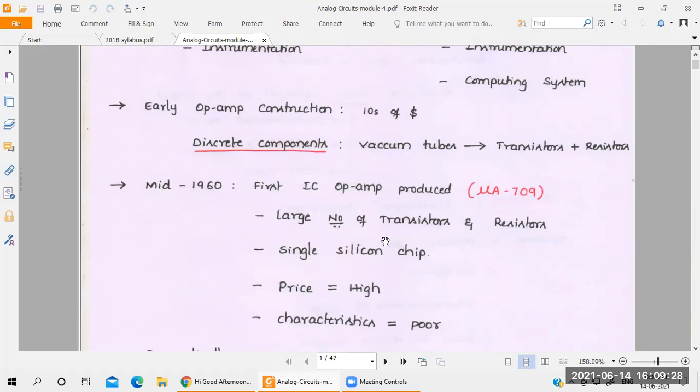In 1960, the invented op-amp IC was named 709, the μA709. In this IC, you get a larger number of transistors, meaning we can take BJT transistors and resistors and make a single silicon chip.